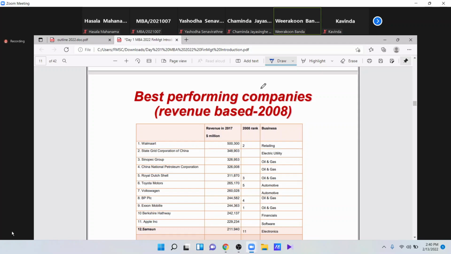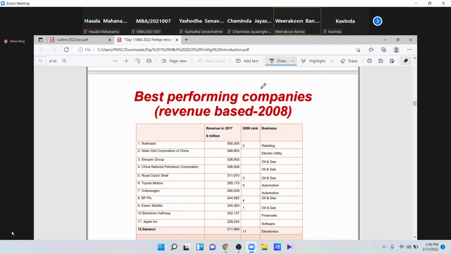Second place, the State Grid Corporation of China. Sinopec Group, third place. Fourth place, China National Petroleum Corporation. Fifth place, Royal Dutch Shell. Then Toyota Motors.